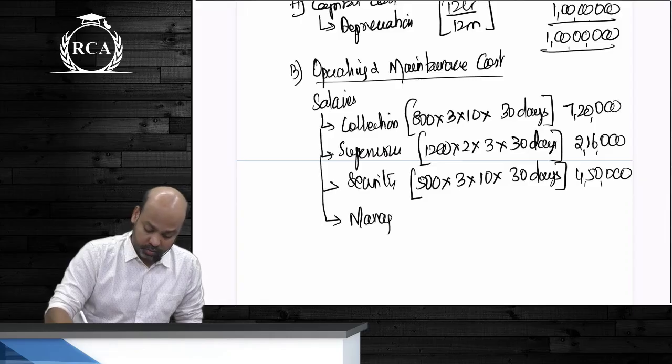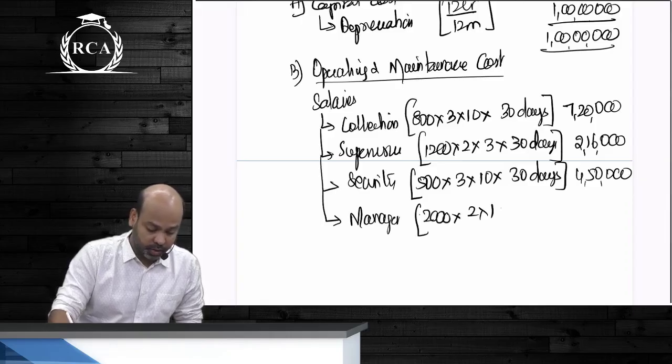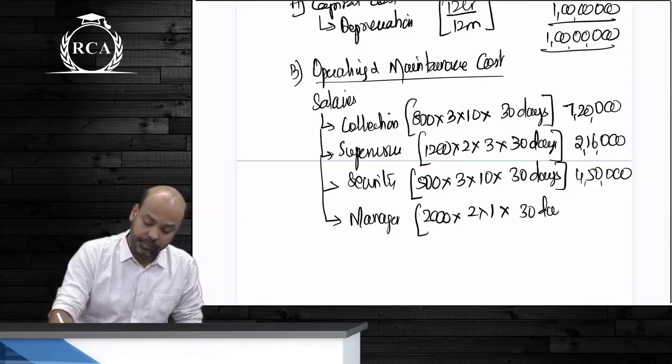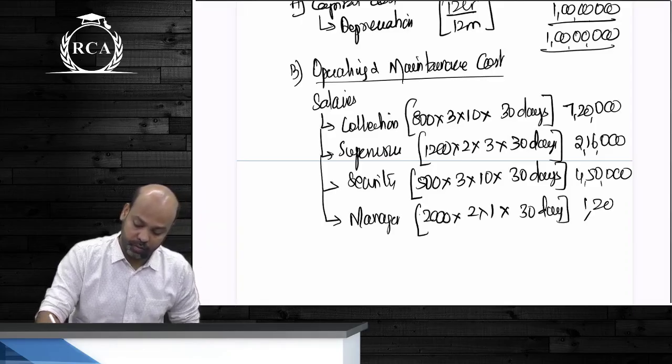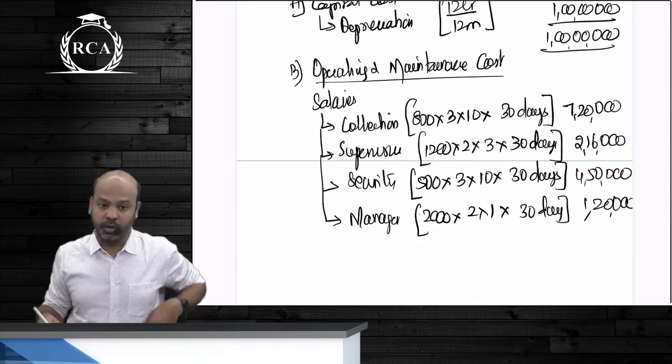Manager, beta: 2000 into 2 into 1 into 30 days. 1 lakh. These are all your salaries, guys.